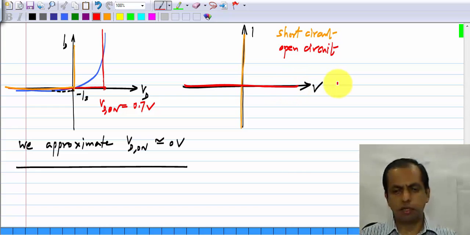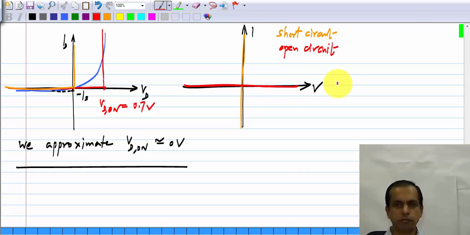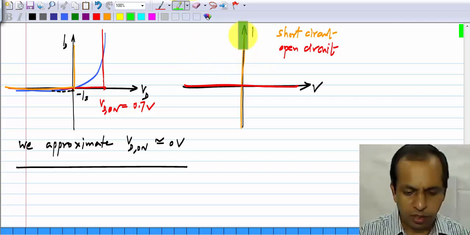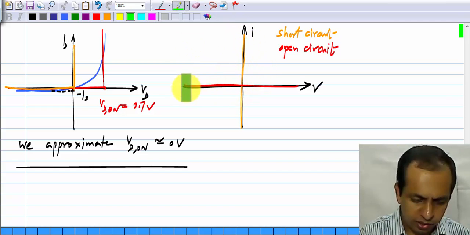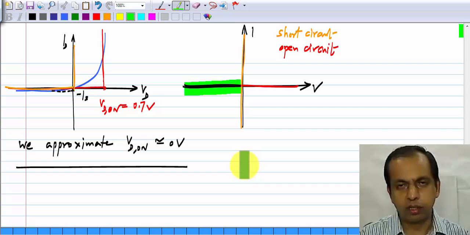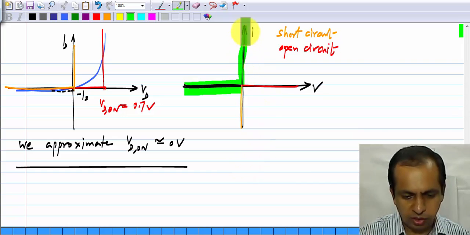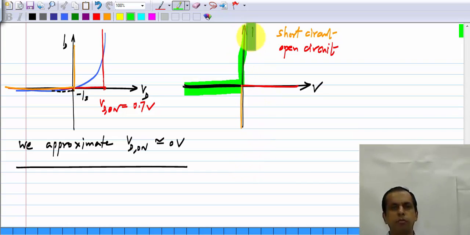It will have 0 current regardless of the voltage across it. Now, the diode is a combination of these two. It is an open circuit in this part in the reverse bias region and a short circuit in the forward bias region. So, that is another approximation to the diode characteristics.